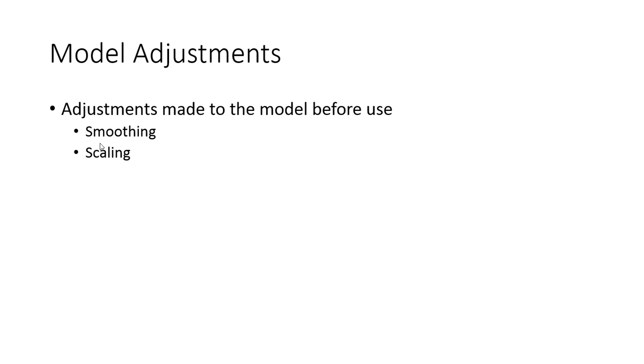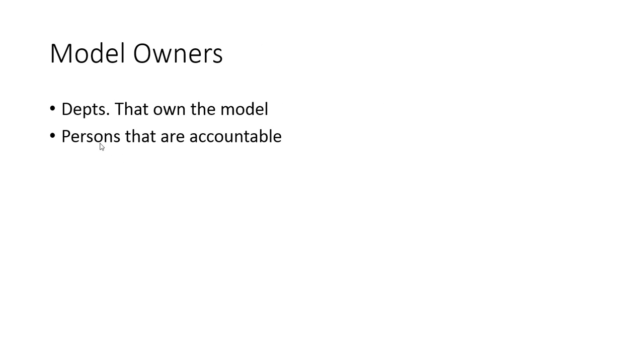So all that has to be well defined in the model inventory. Model owners, the details of the departments involved in model development, and then all the steps involved, starting from data collection till model implementation, should be well documented in some place where, for urgency purposes, if some issue comes at some point of time, people can be contacted.